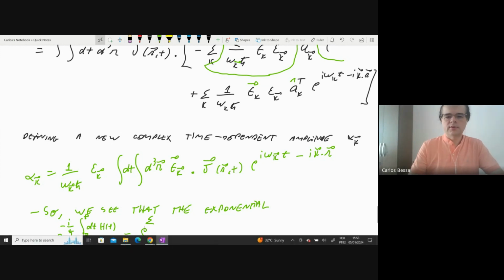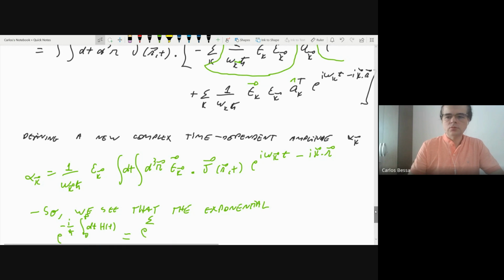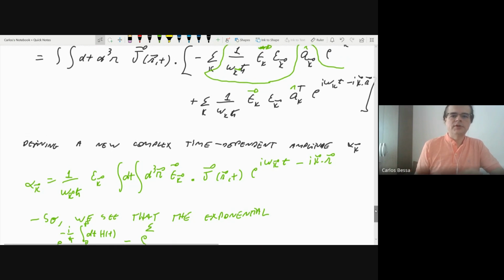So here, sum of k of minus, this minus sign, alpha k. In fact, alpha k star, this is the definition of alpha k star. Okay.